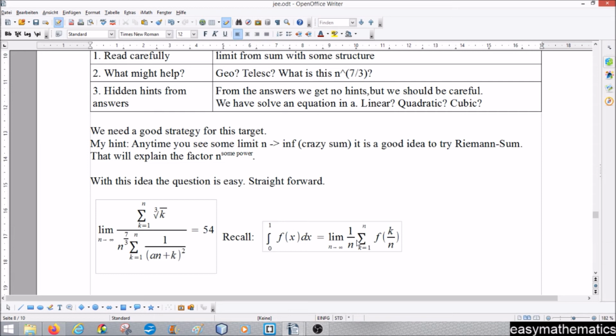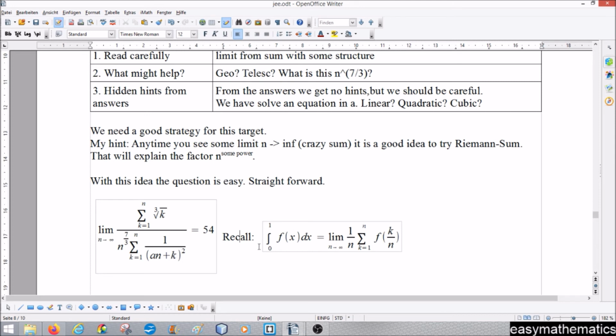Of course we do not care about convergence and stuff like that. All the functions, square root and so on, should be convergent. And if you know this nice formula for the upper sum, then you know what you have to do to come to this form.